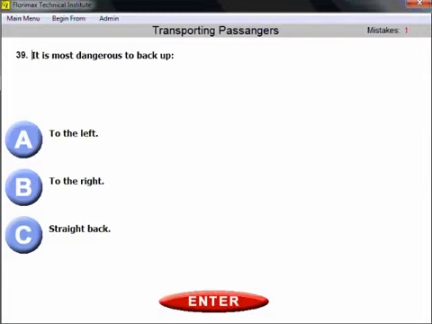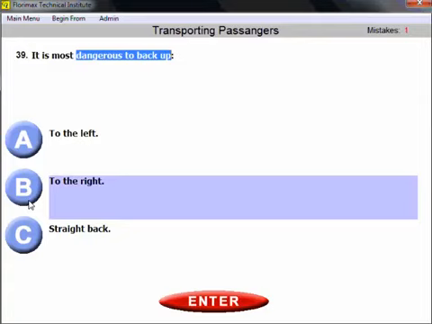Question number 39. It is most dangerous to back up to which side? And try to remember, it's the same for a bus, for a truck, for a tractor trailer. Most dangerous to back up to the right, not to the left, not even straight back, but to the right, because that's the side where your vision is mostly obstructed.